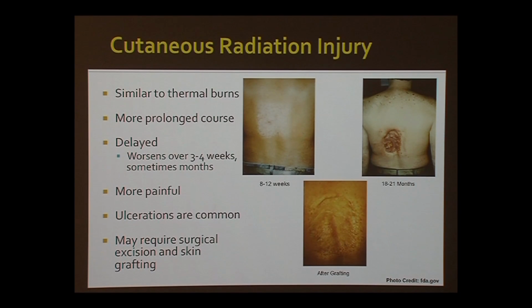You probably can't see that well in this picture. This is 8 to 12 weeks after his exposure to the fluoroscopy in a cardiac catheterization procedure. He's got this little ulcer right there. Within 18 to 20 months, he's got this giant necrotic ulcer that's shown up, and it became so difficult to treat that they ended up having to surgically remove that dead skin and graft skin onto that area.